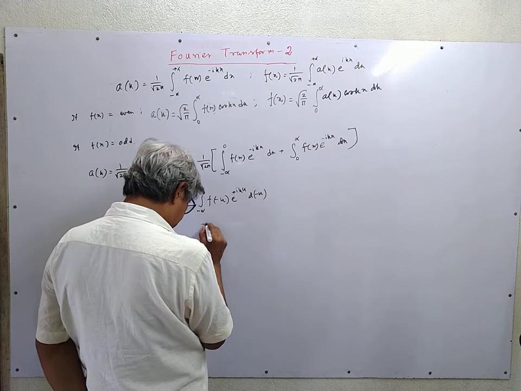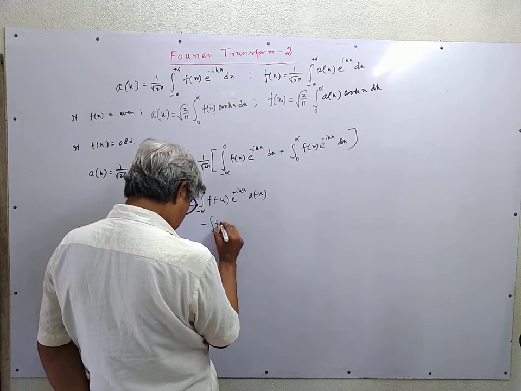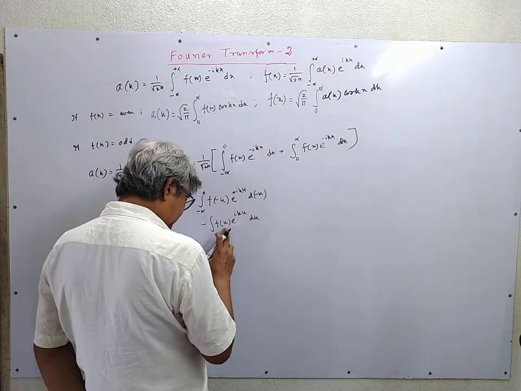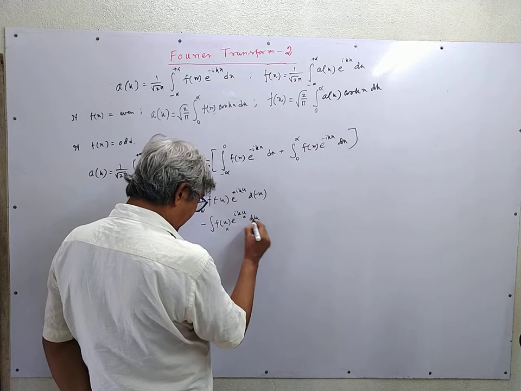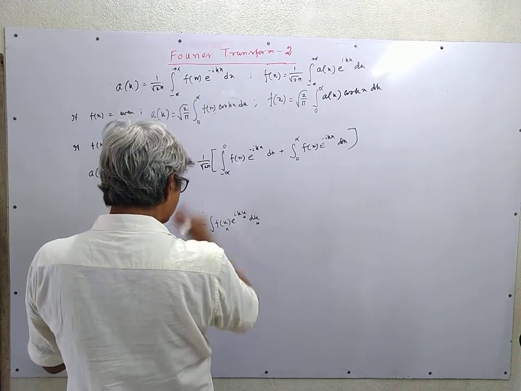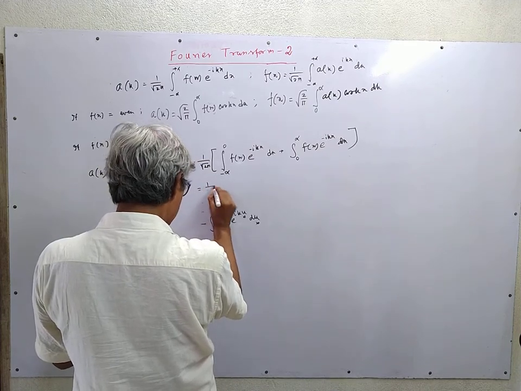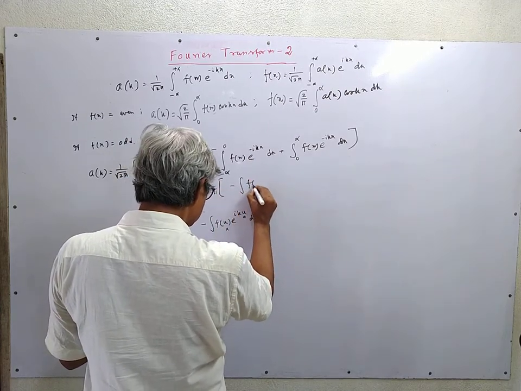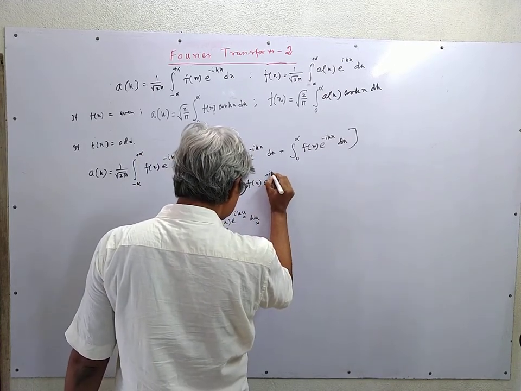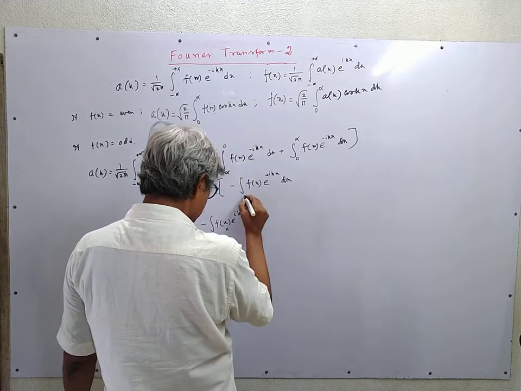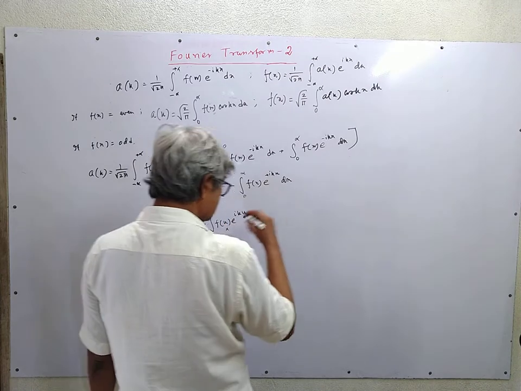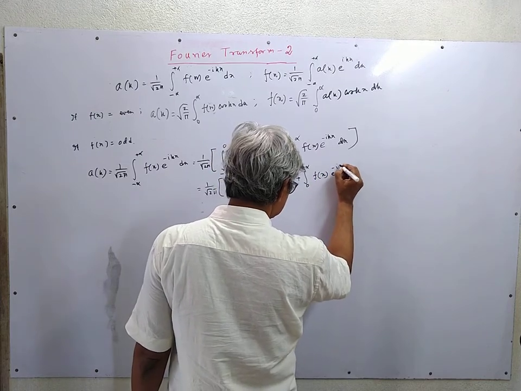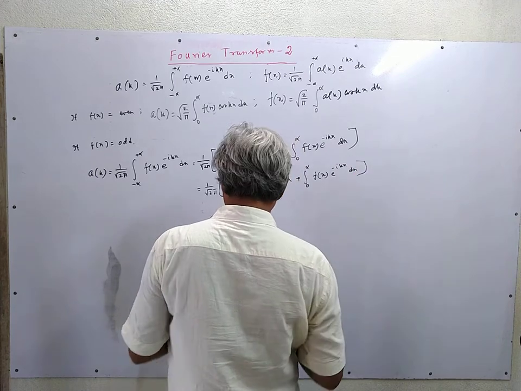And when we interchange this limit, this becomes f of u e to the power i k u du, and since this u can safely be changed by x, we write it as, so the first term is written as dx.